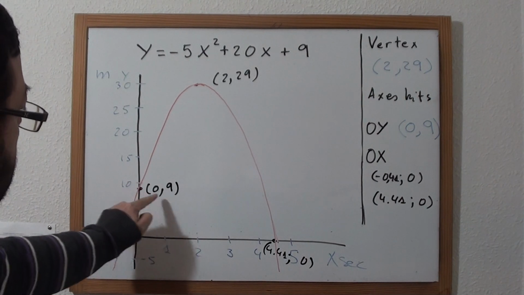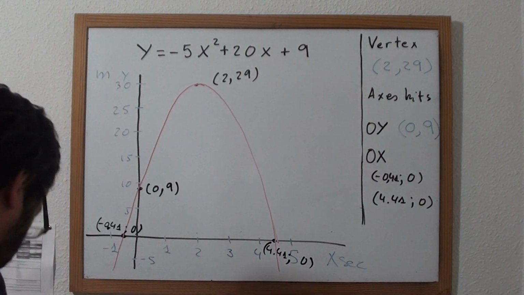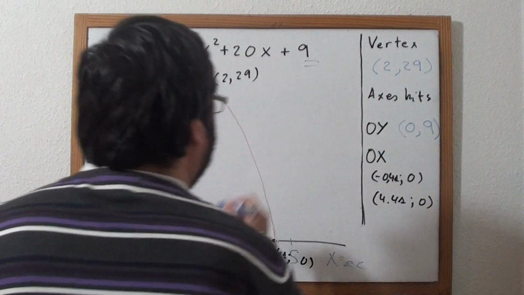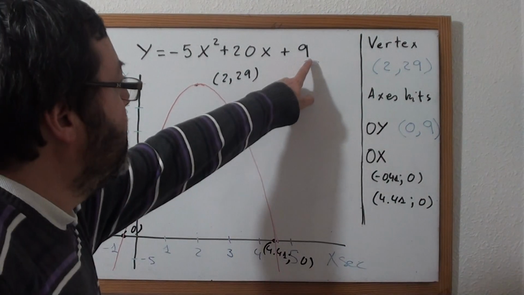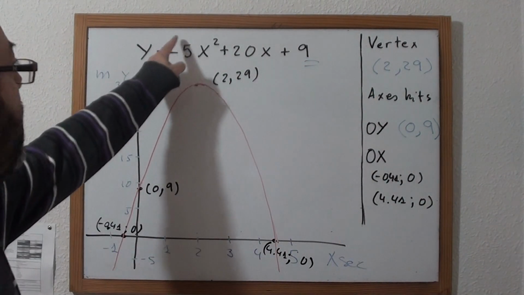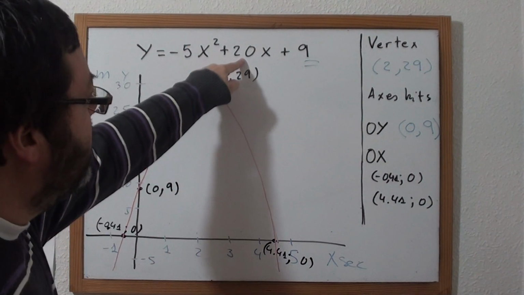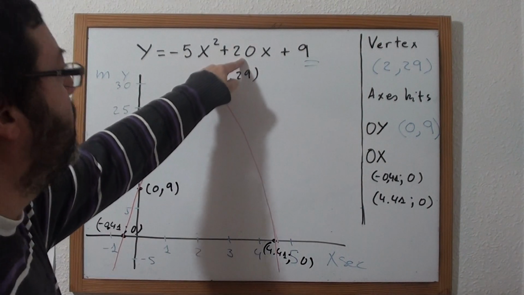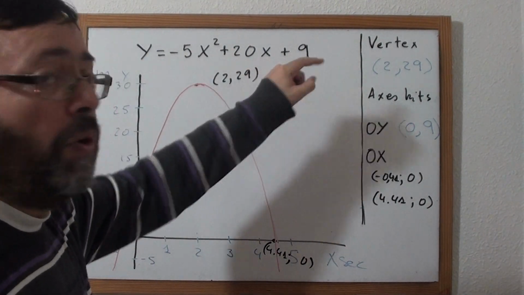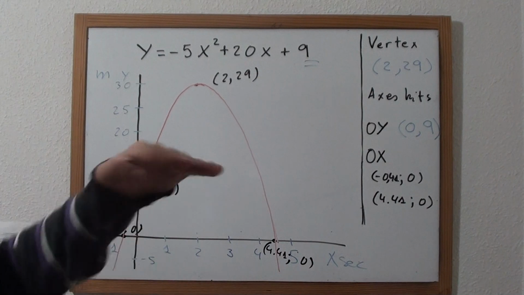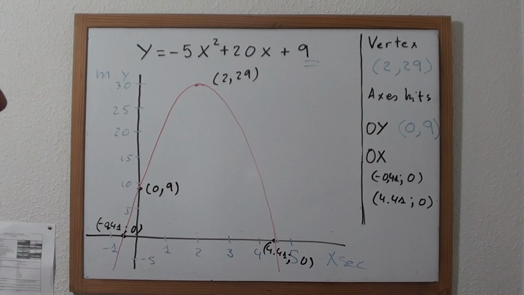So that was the meaning that I didn't want to tell you before, the meaning of this number. So remember, half of the gravity, the speed with which the bullet is shot in the first place, and the height of the building from which we shoot the bullet.